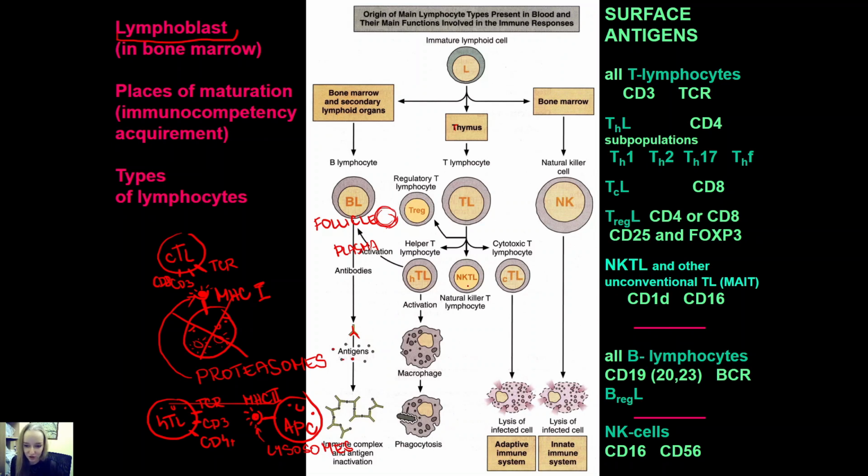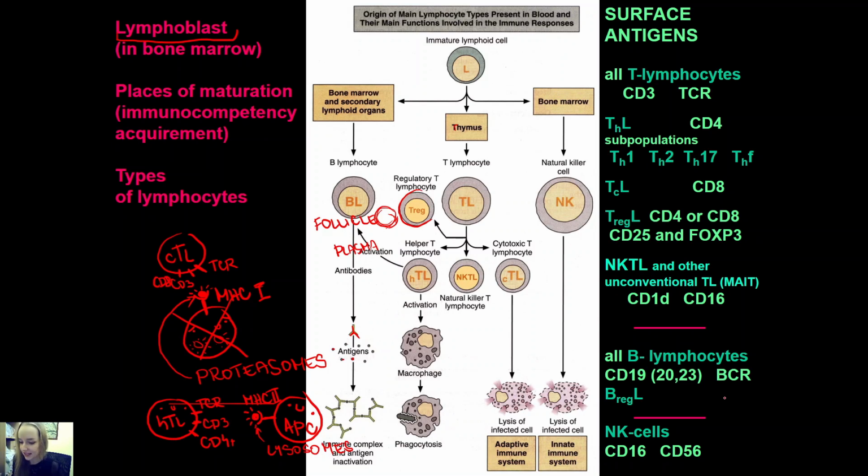Also, we have some natural killer T lymphocytes, which are very important to cytotoxic T lymphocytes, but they are part of adaptive immunity, and regulatory lymphocytes, which are regulating these immune responses. So the cytotoxic and helper T lymphocytes are very important.